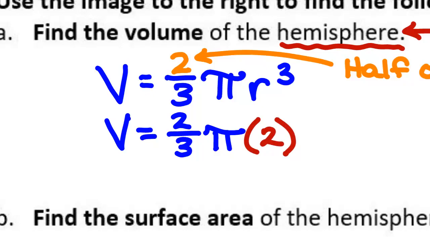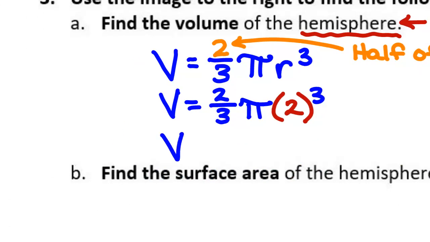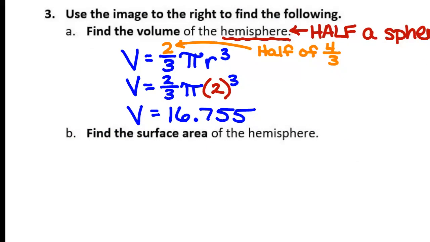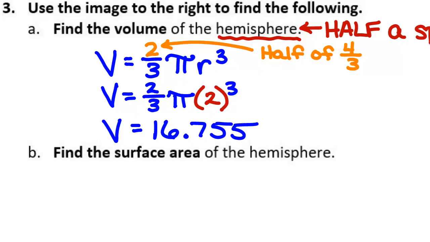So 2/3 pi times 2 cubed. Go ahead and grab your calculators and tell me what you get. 16.755. What units? Centimeters cubed.